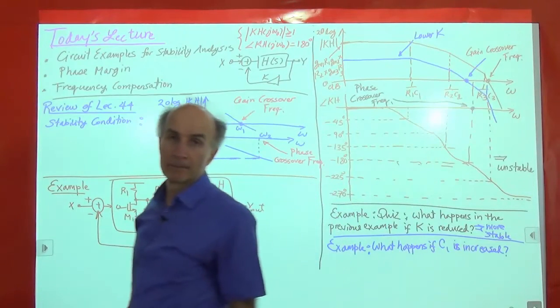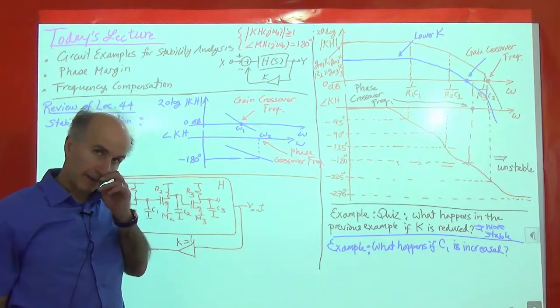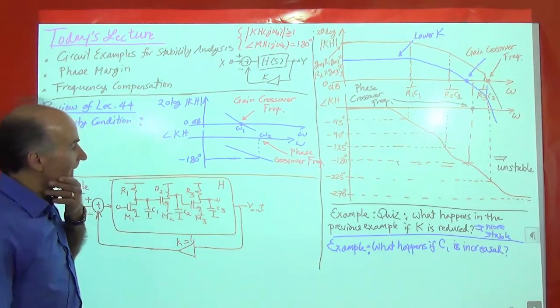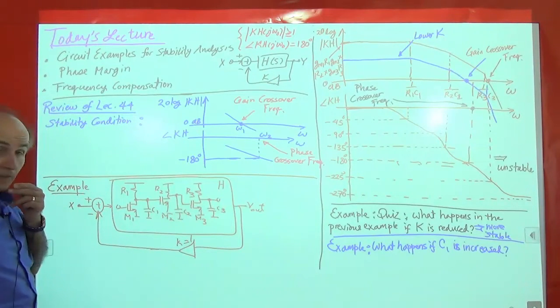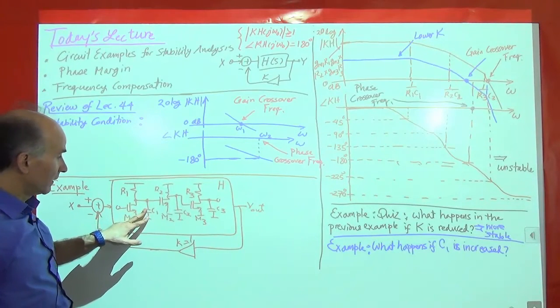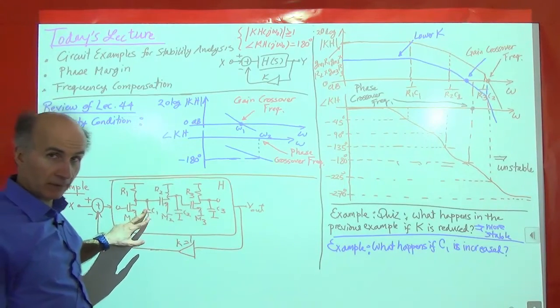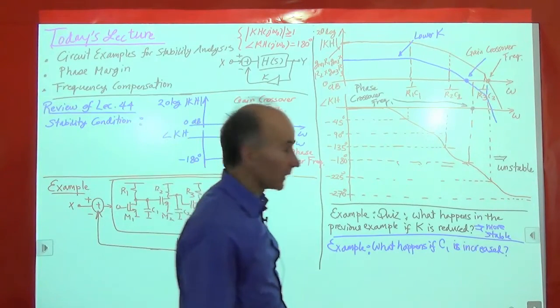Okay. I go ahead and I increase C1, and I would like to see what happens. All right. So this is a little more complicated because as I increase C1, two things happen. Number one, the magnitude is affected. So let's go and look at that carefully.